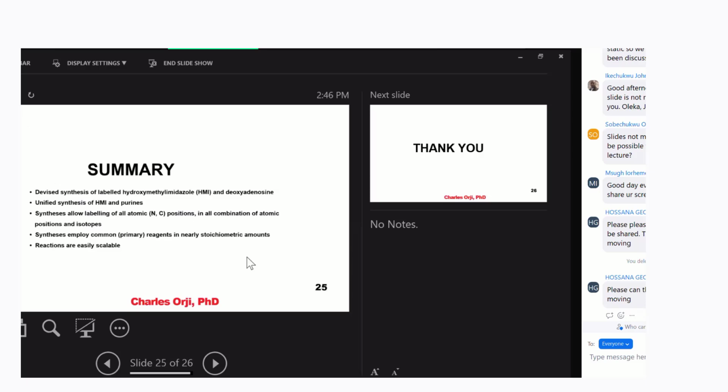So in summary, we devised a synthesis of labeled hydroxymethyl imidazole. We propose a unification of the synthesis of that purine, and the synthesis allows for labeling of all atomic, that's carbon and nitrogen positions, in all combinations of atomic positions and isotopes, employing common reagents as close to the original source as possible.